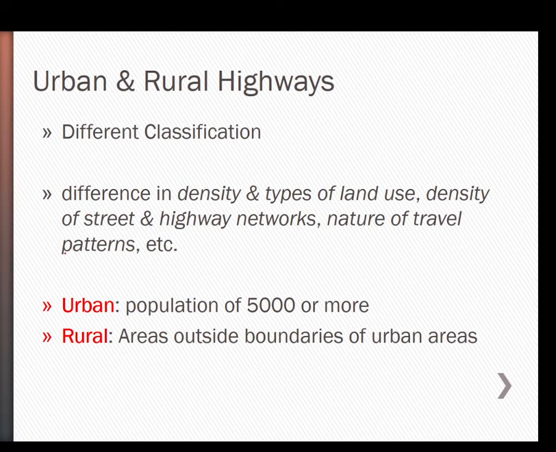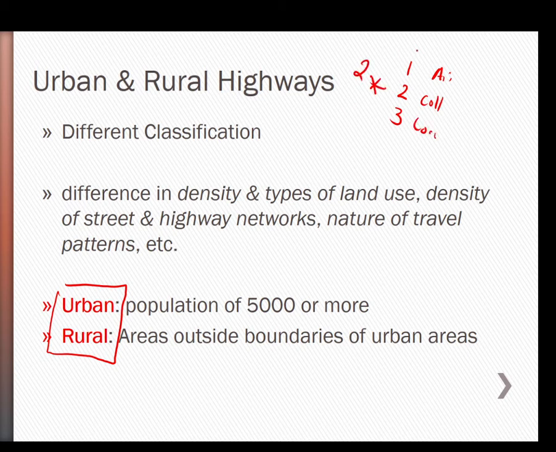When we define our classification, we have 2 types. Our classification was 1, 2, 3: arterials, collectors, local. Now multiply them by 2. We add in the beginning either the word rural, out of the city boundaries, or the word urban, inside the city boundaries.